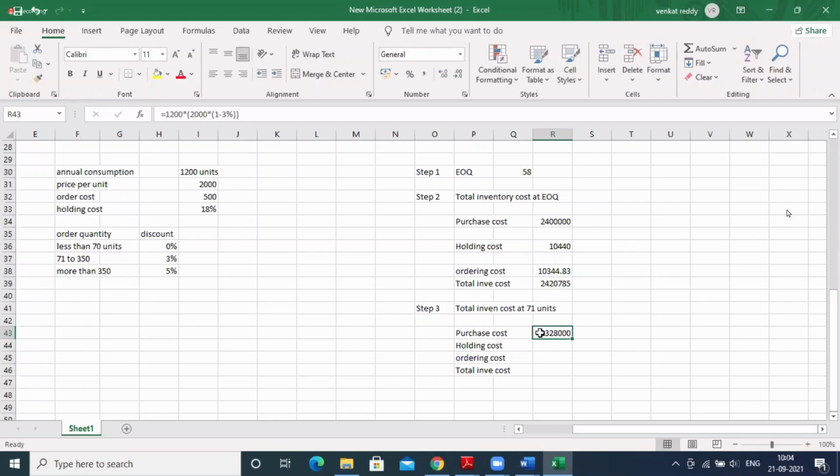I hope it is clear, because the price per unit is 2000, but if you order 71 units, you will be getting a discount of 3%. So the purchase cost would be 23 lakhs 28,000. Then what will be the holding cost? 12,387. Let me do this.